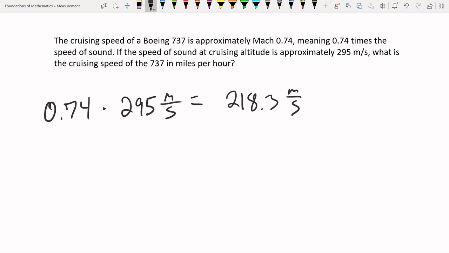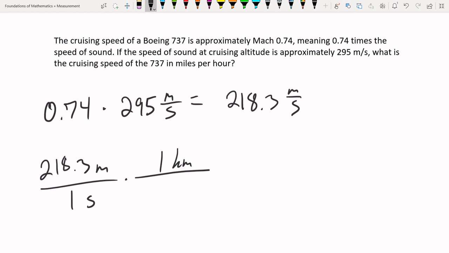Okay, now we need to take this number here and convert it into miles per hour. So let's convert meters into miles. We're going to convert meters into kilometers. This is the same as the last problem, really. Then 1 mile is 1.6093 kilometers.